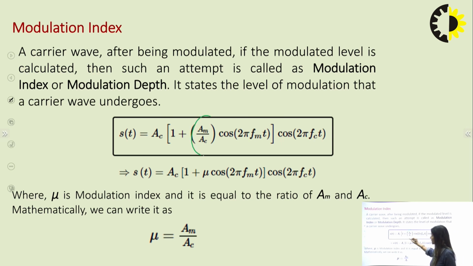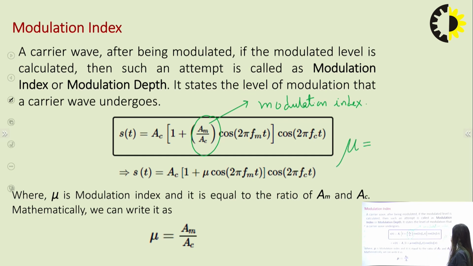This AM by AC is known as the modulation index or modulating factor, and it is represented by mu. Mu is equal to AM by AC.